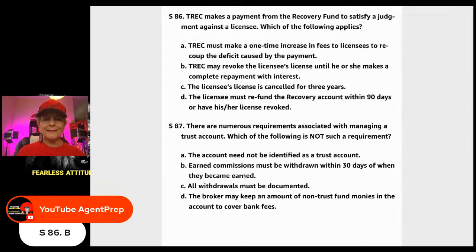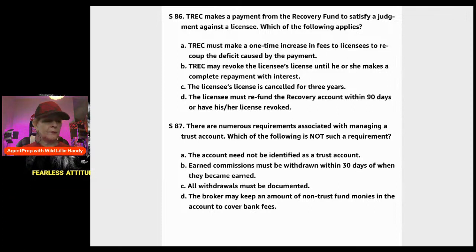So the law states that the licensee must repay amounts that were paid out on his or her behalf to satisfy a judgment. It does not stipulate a 90-day period. So that's why D is not correct. Therefore, the best answer is that TREC may revoke the licensee's license until they complete their payment. They could probably do a payment plan.